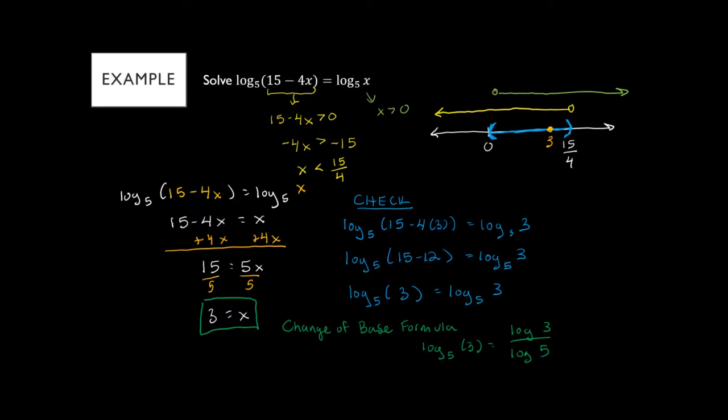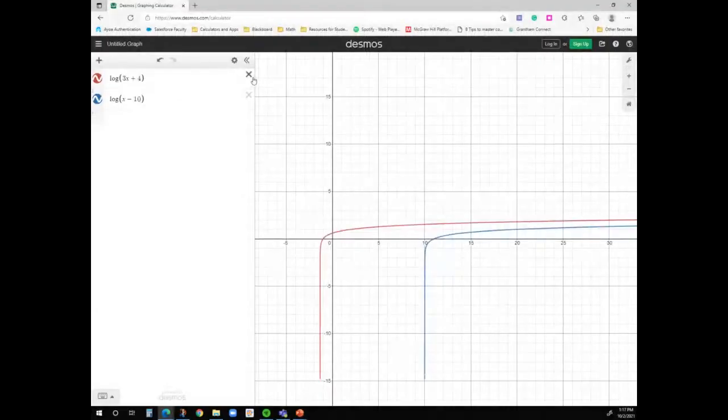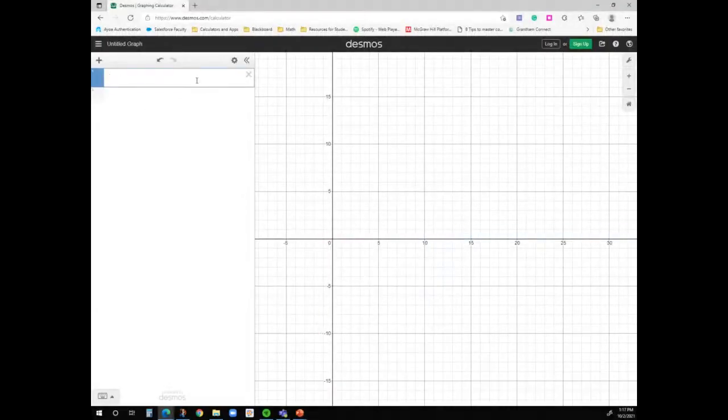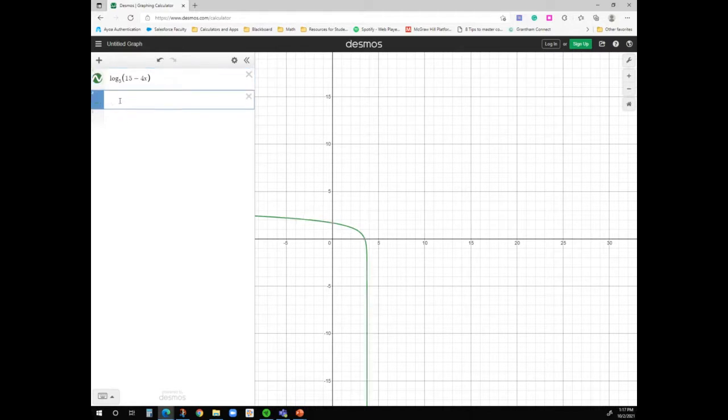So I'm going to bring up Desmos again so you can visualize this. Now you may be wondering, how do you graph something base 5? So I can do a subscript. The underscore allows you to do a subscript here. So I can actually graph this, as Desmos lets me.